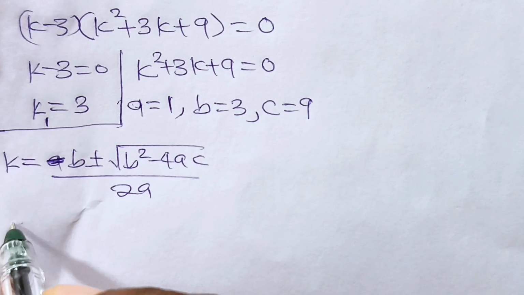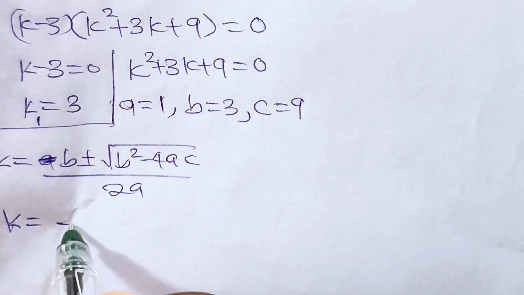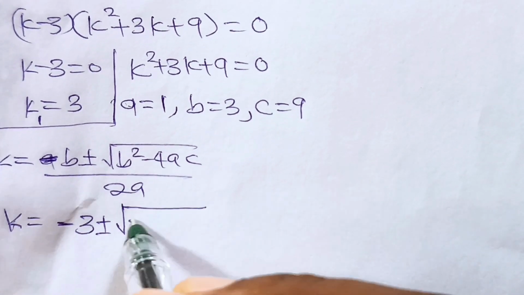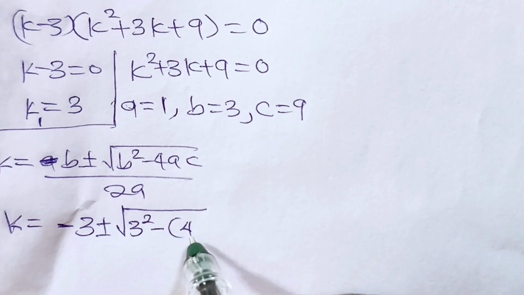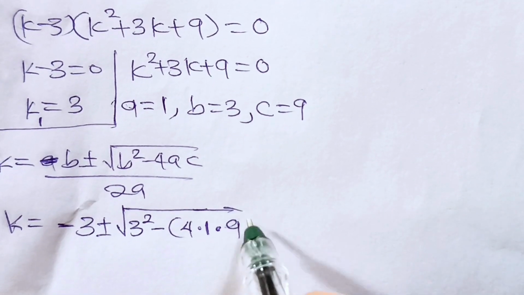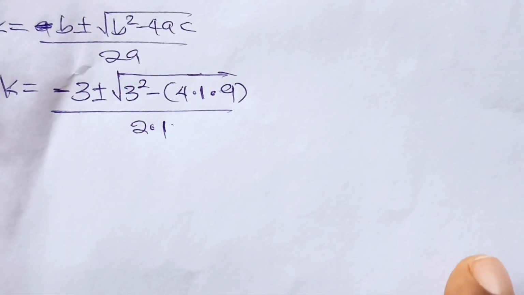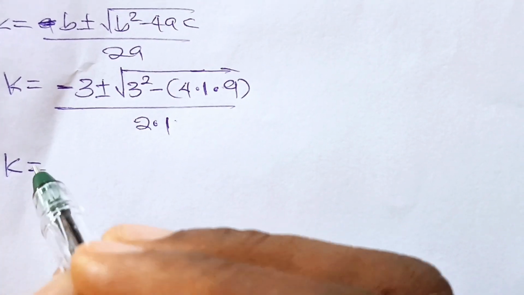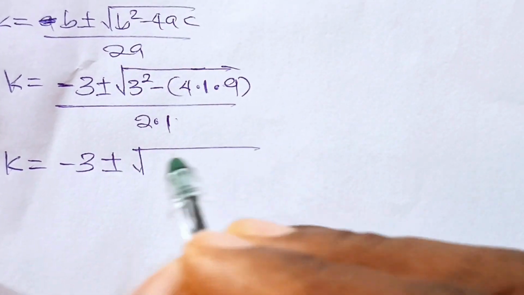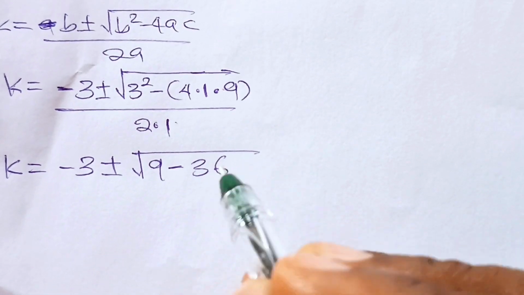So we have that k is equal to minus 3 plus or minus the square root of 3 squared minus 4 multiplied by a, which is 1, multiplied by c, which is 9, everything divided by 2 multiplied by 1. Now we have that k is equal to minus 3 plus or minus the square root of 9 minus 36.